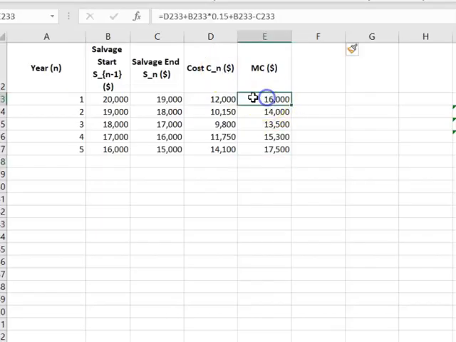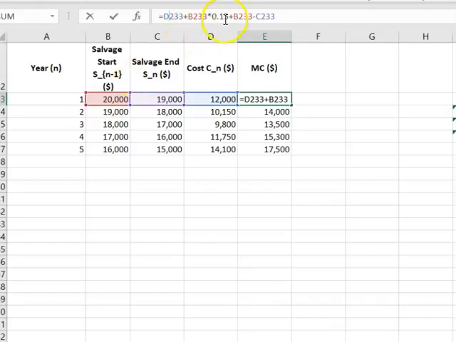Here is the details for calculation. Marginal cost equals the cost for year 1, that makes sense because it is the direct cost we have for that year plus the interest on the salvage value at the beginning of the year.